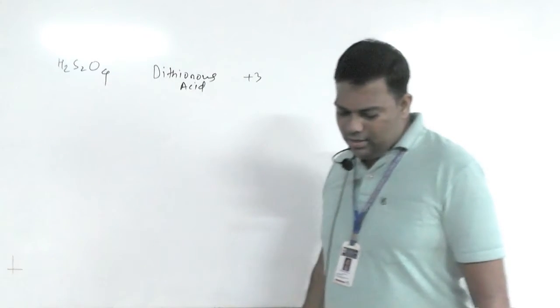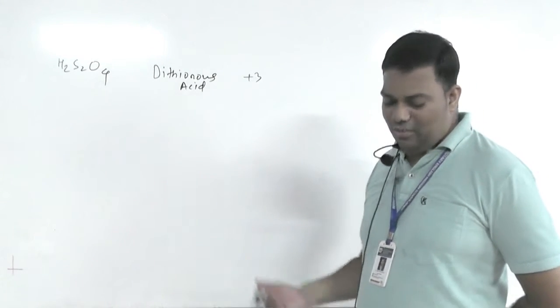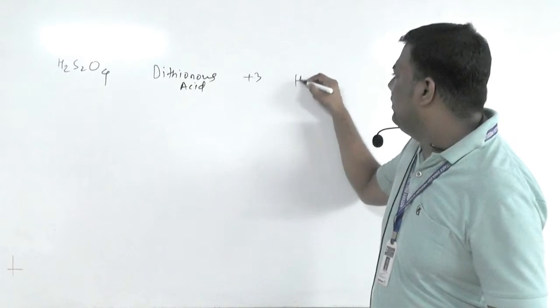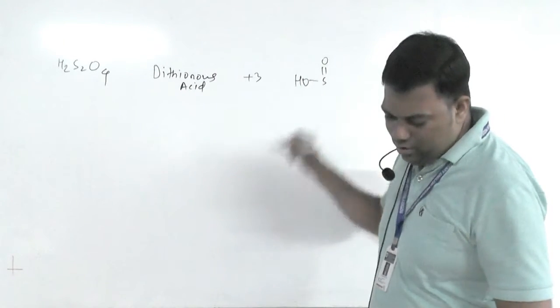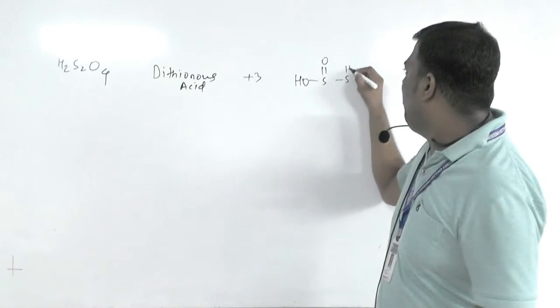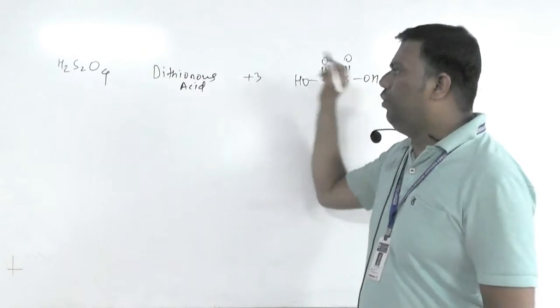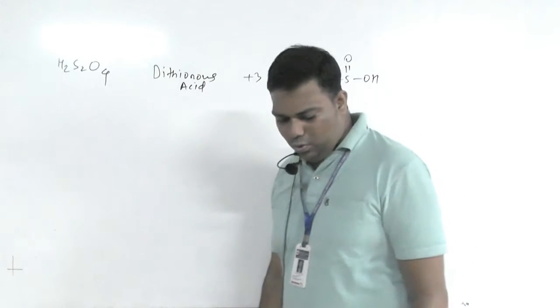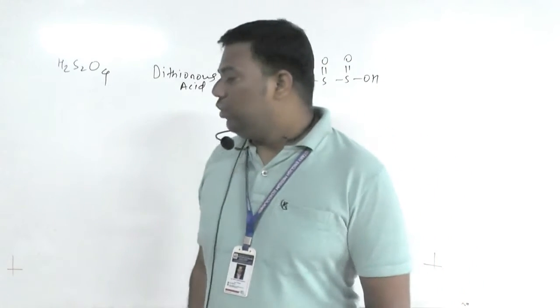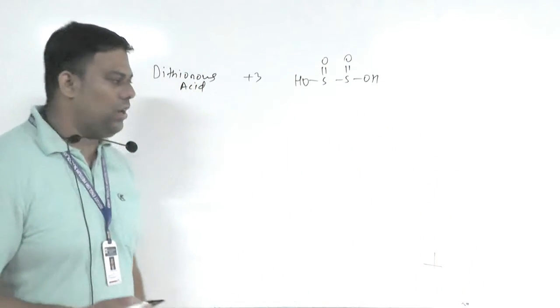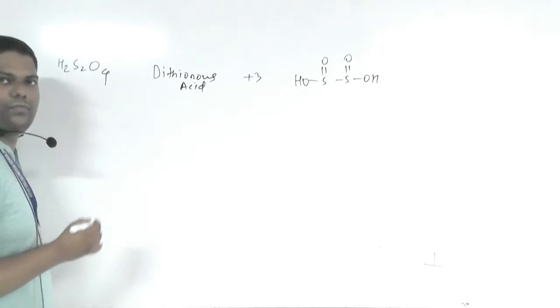Now see what the structural formula of this will be: OH, S double bond O, S double bond O, and OH. H2S2O4. That's why I'm giving the names as well.